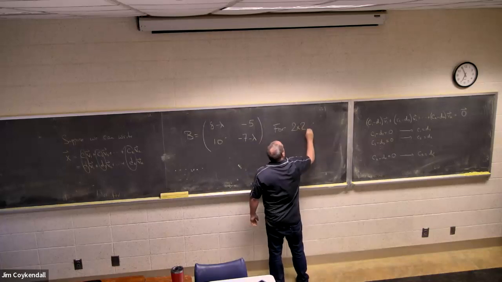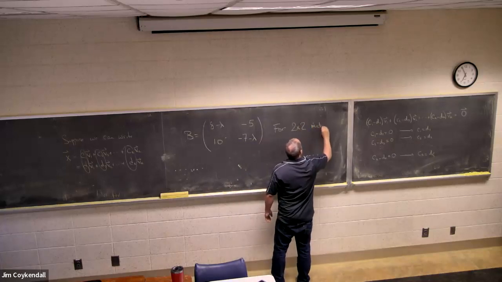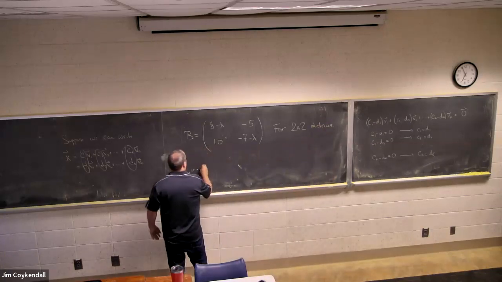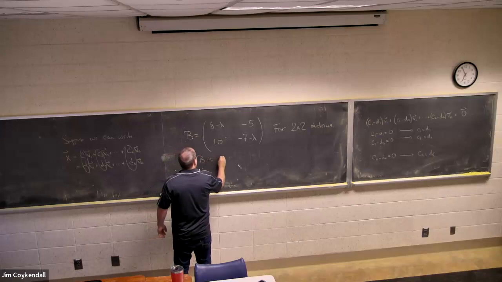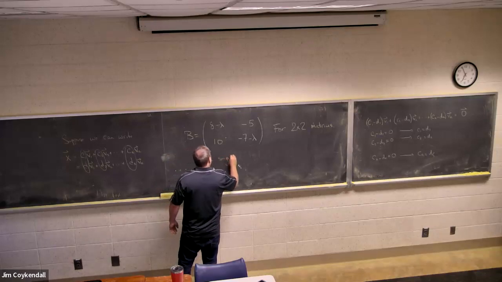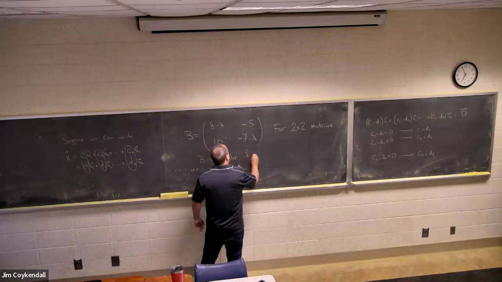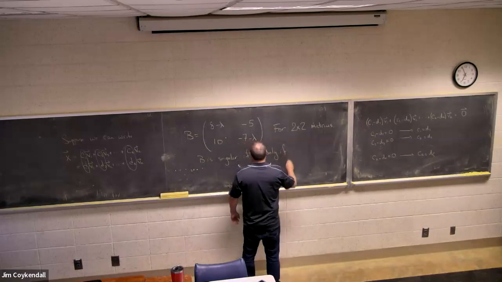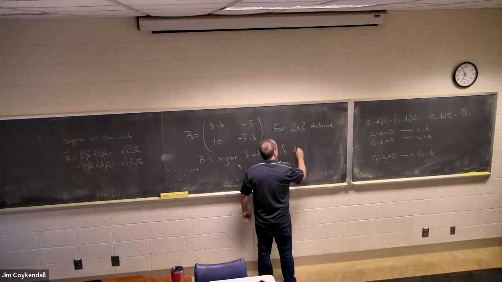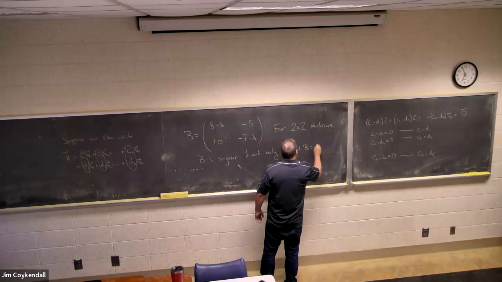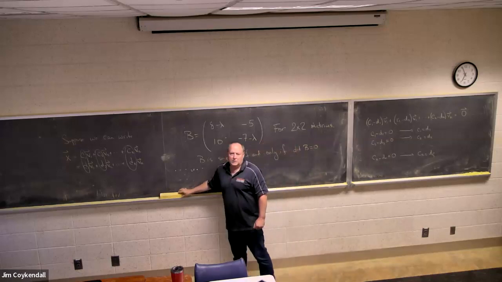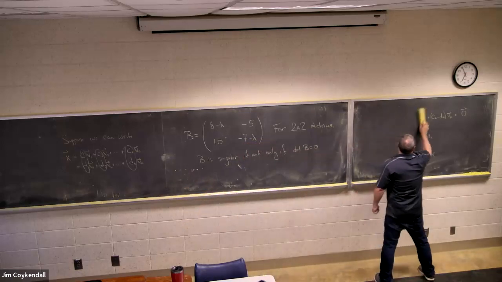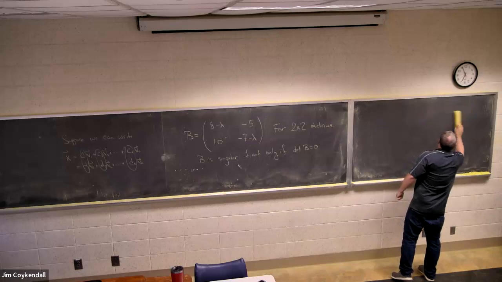For 2 by 2 matrices, B is singular only if the determinant of B is equal to 0. Okay, so something's got to be 0. So what is the determinant of this matrix?